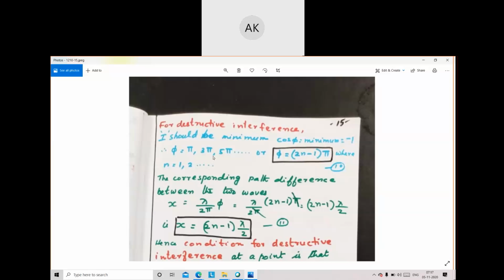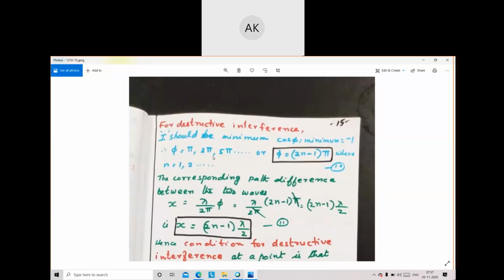What is the value of cos pi? Cos 180 is minus 1. So our intensity is minimum when cos phi is minimum. Which angle gives the minimum cos phi? The minimum value of cos is minus 1. When the angle is 0, cos 0 is 1, that is the maximum value.